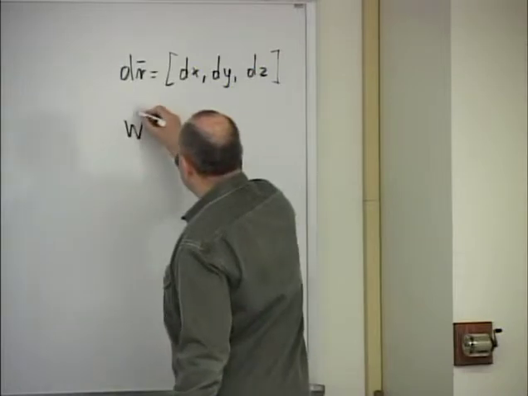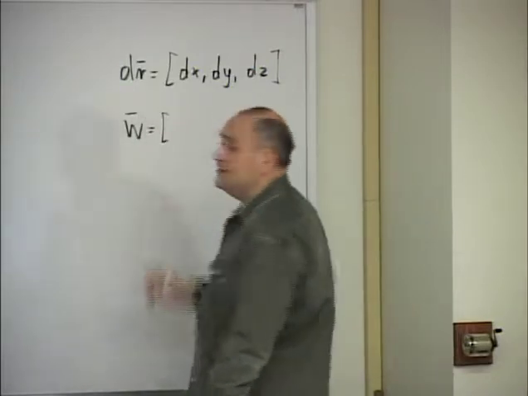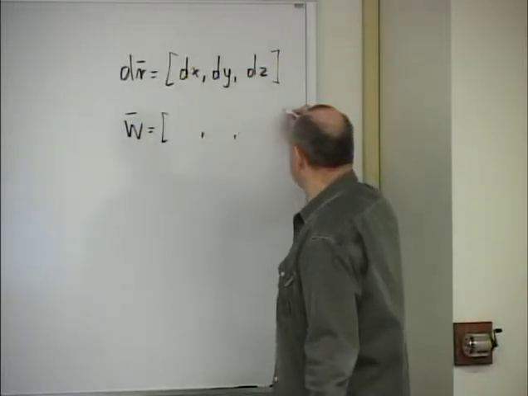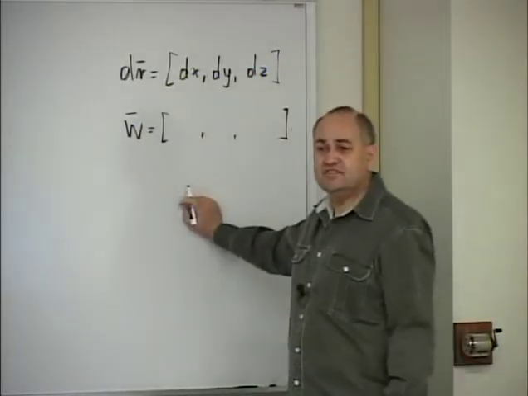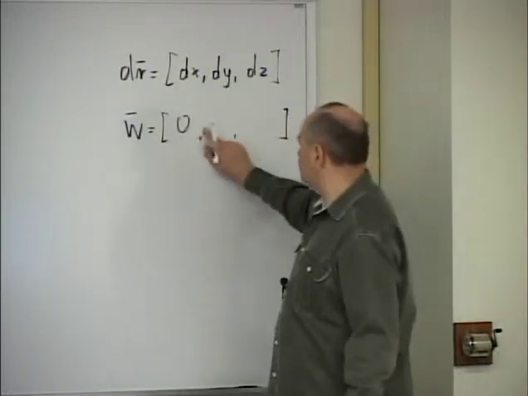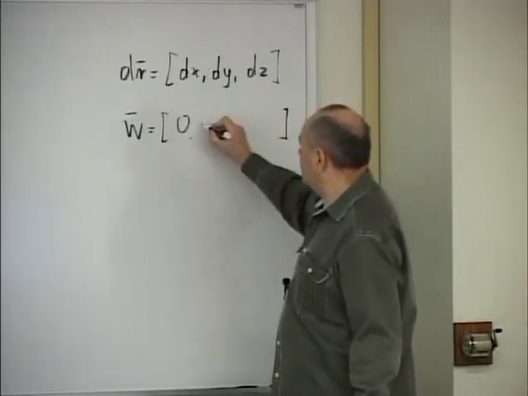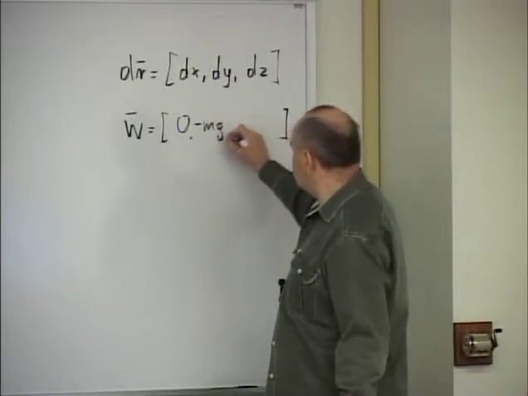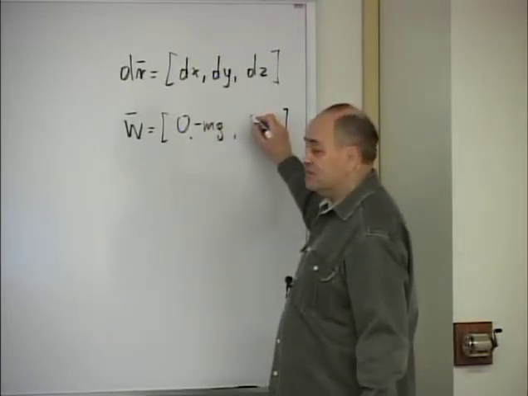Now, weight, what are the scalar components of weight? Consistently. X component is 0. Y component is how much? Negative mg. And z component? 0.